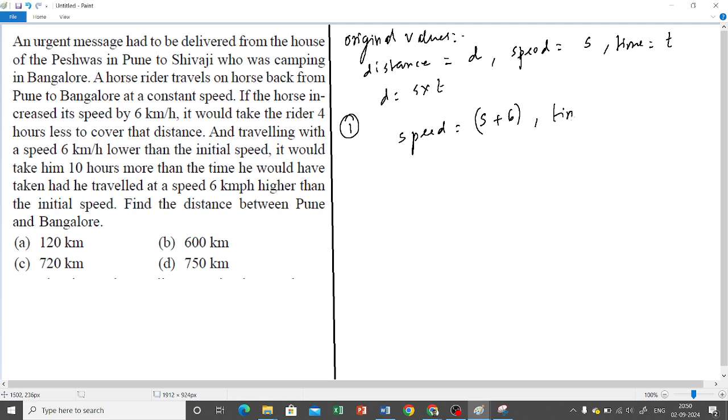So time is going to be what? T minus 4. Now distance is constant, right? So d is equal to what? S plus 6 into t minus 4. Yes or no? So that is st minus 4s plus 6t minus 24, right?